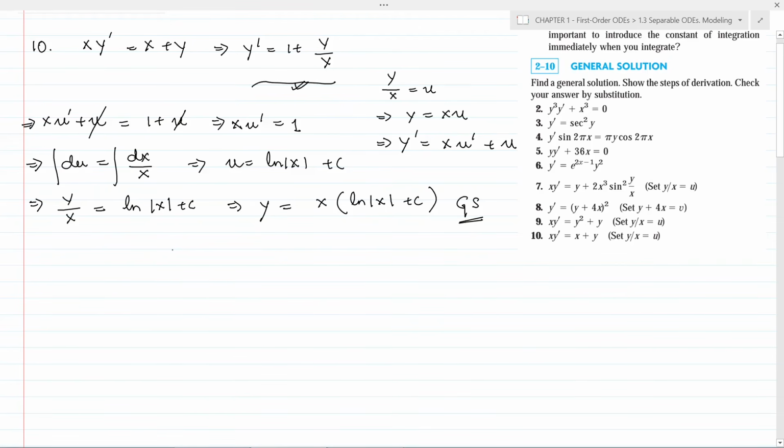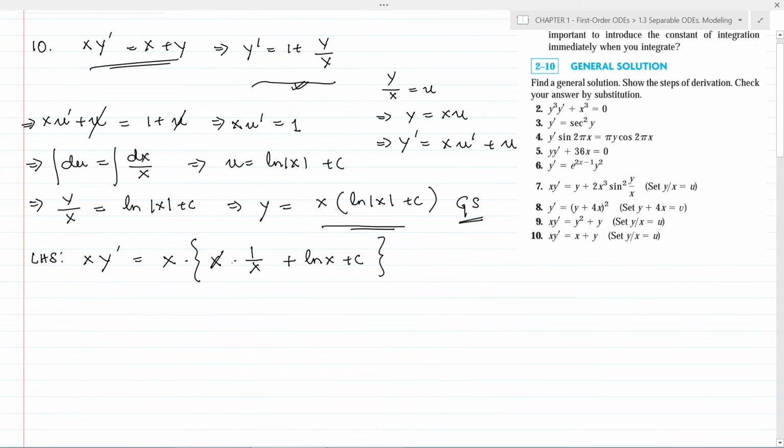This is the general solution of the differential equation. Now we have to substitute this general solution into the original differential equation to check whether this satisfies or not. So we have the LHS, that is x y prime, which is equal to x multiplied by the derivative of this thing, x multiplied by the derivative of (ln x plus c), which is 1 by x, plus (ln x plus c) multiplied by the derivative of x, which is 1.